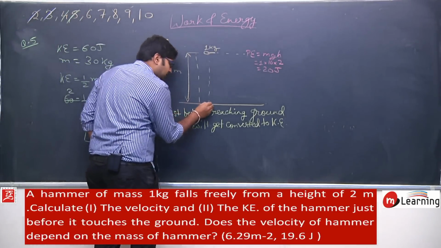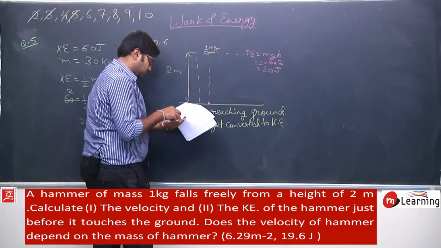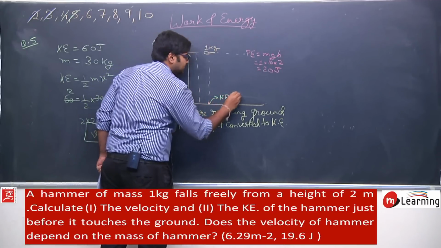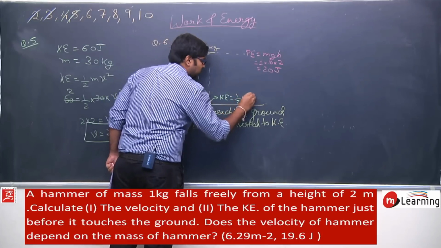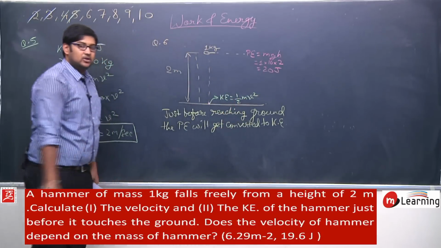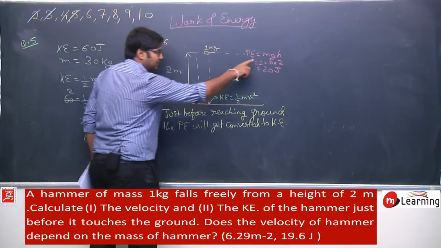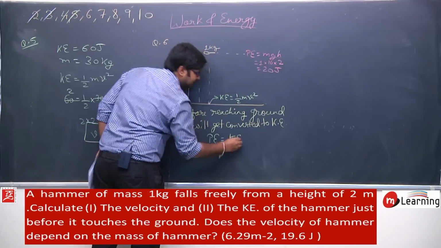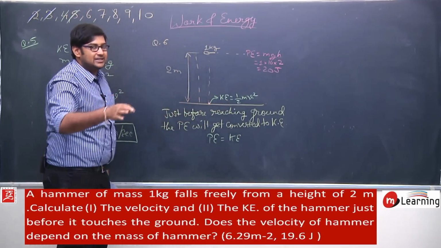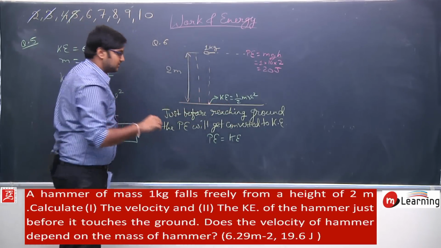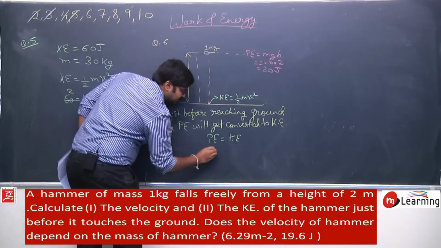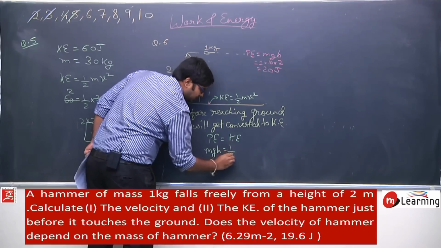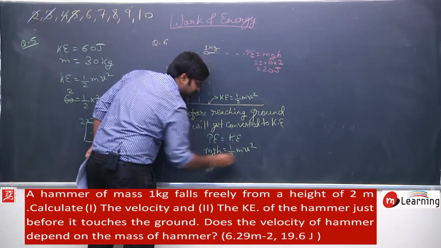So at this point, just before reaching the ground, there will be a kinetic energy which is equal to half mass into the square of the velocity. Potential energy will be equal to kinetic energy at this point, because all the potential energy gets converted to kinetic energy. Now potential energy is mgh, which equals half into mass into the square of the velocity.